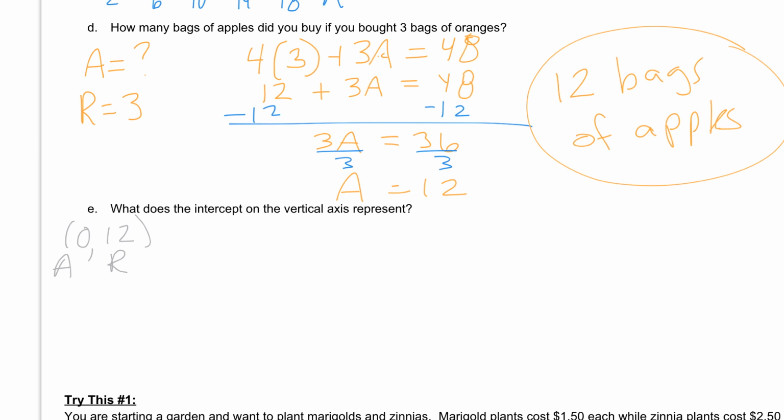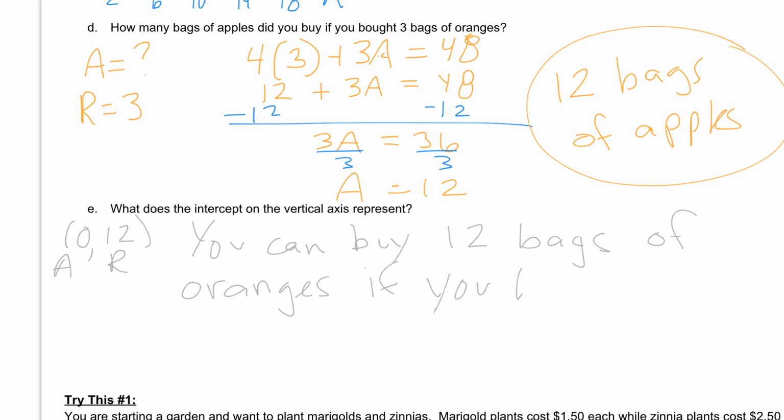So we can say this represents you can buy 12 bags of oranges if you buy 0 bags of apples.